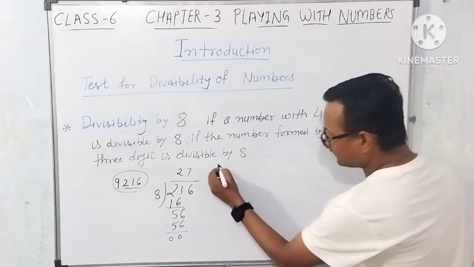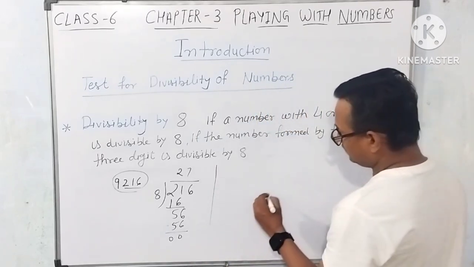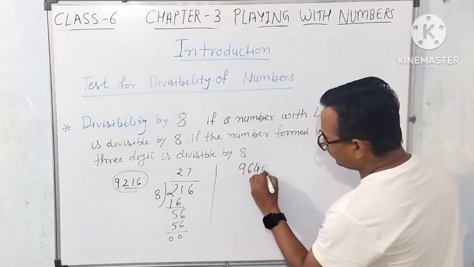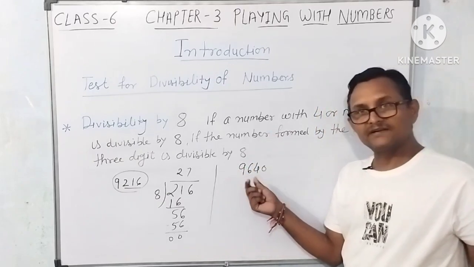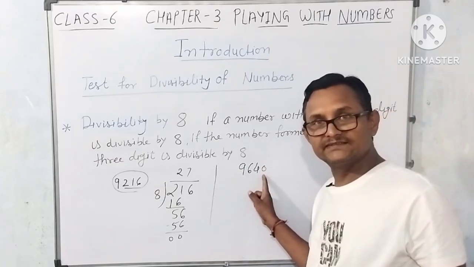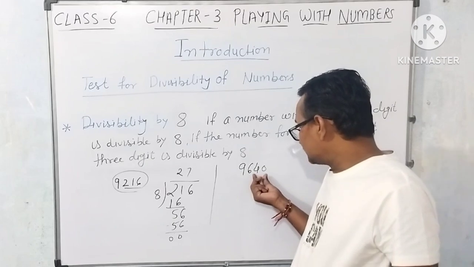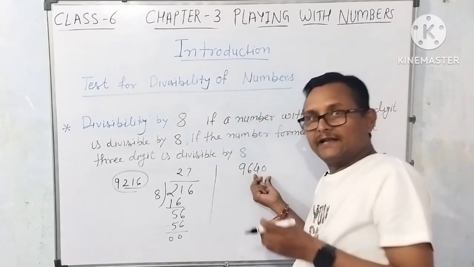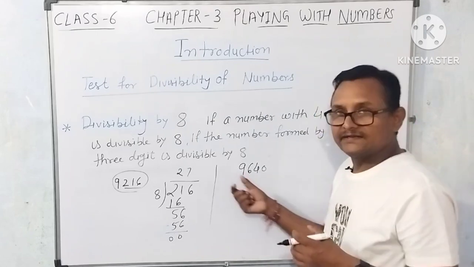Then again we check 9640. Now this number is also divisible by 2, because the last ones place digit is 0, and the last 2 digits are 40, which is also divisible by 4. But to minimize the calculation, we are learning these rules.